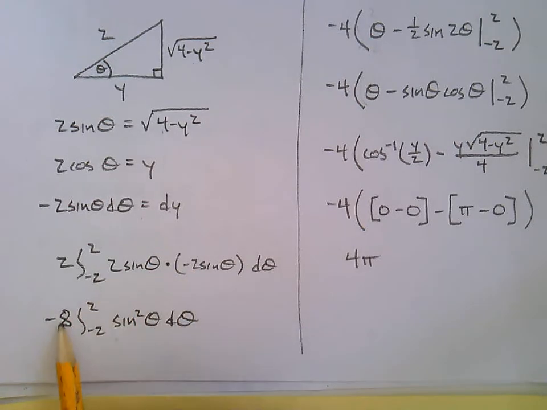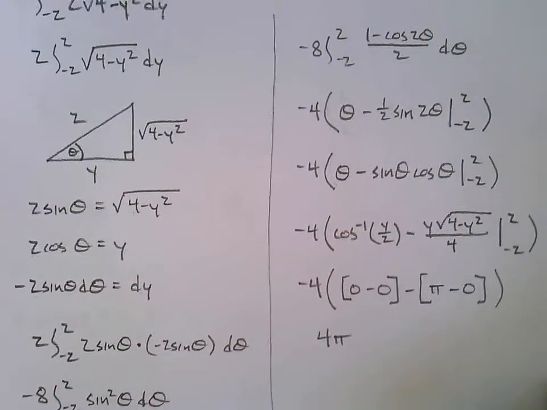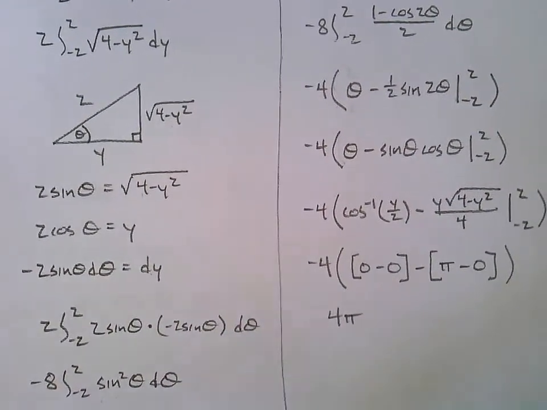And okay, pull our constants out, make it sine squared. And we're hopefully in familiar territory. We're going to use a trig identity on sine squared theta, and that's where we pick it up right here. So sine squared theta is (1 minus cosine 2 theta) over 2.